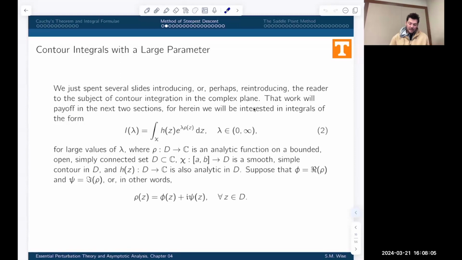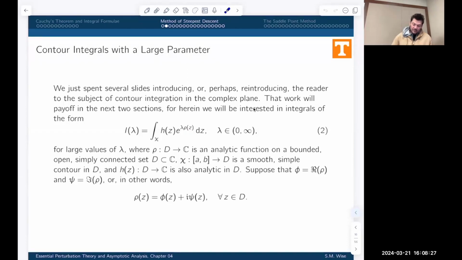Now we're considering integrands of the form of some analytic function h, times the exponential e to the lambda, where lambda is our large parameter, times another analytic function rho.